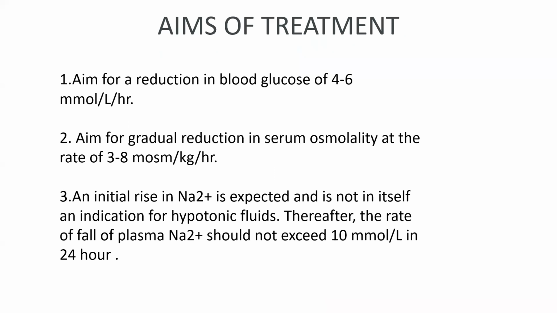Aims of treatment for HHS: we aim for a reduction of blood glucose of 4 to 6 millimoles per liter per hour, and aim for a gradual reduction in serum osmolarity at the rate of 3 to 8 milliosmol per kg per hour. There will definitely be an initial rise in sodium, but by itself it is not an indication for hypotonic fluids. Therefore, the fall of plasma sodium should not exceed 10 millimoles per liter in 24 hours.